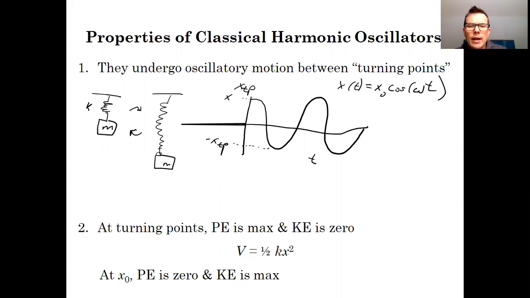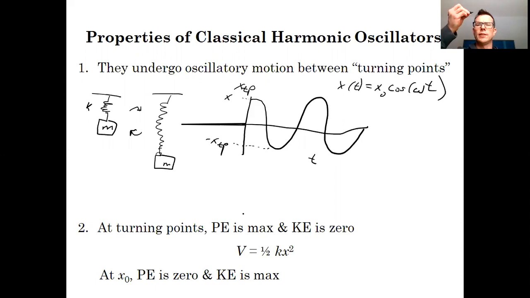Now, one important property of all of this is the energy of the system. It has kinetic energy in the motion of the spring, and it also has potential energy, which is stored in the spring itself. At the turning points, the potential energy is a maximum and the kinetic energy is zero.